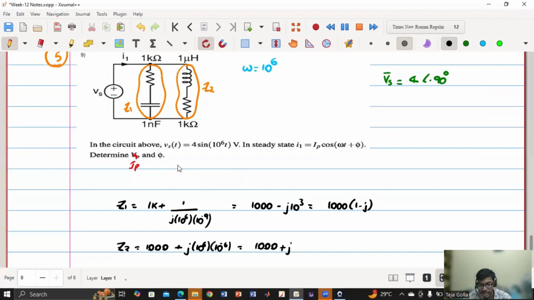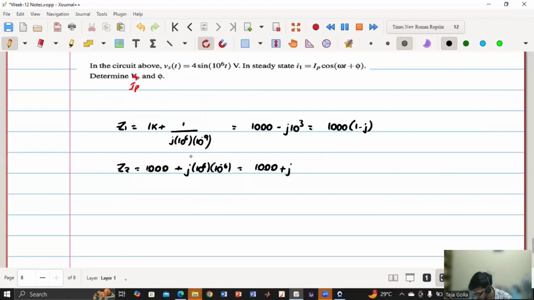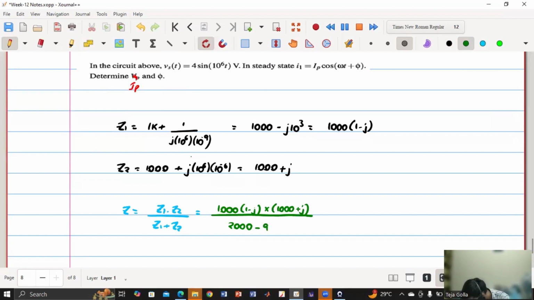So now we have to calculate the overall net impedance, which is Z1 Z2 by Z1 plus Z2, which is 1000 into (1 minus j) into (1000 plus j), divided by the sum of these two, which is 2000 minus 999 j. Can you calculate and tell me the phasor value of this?